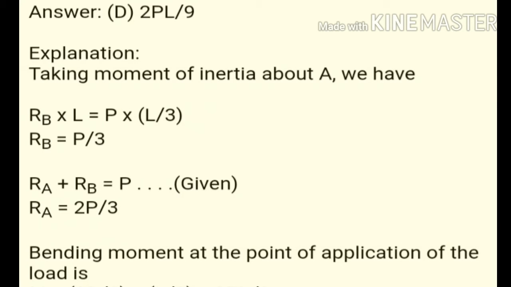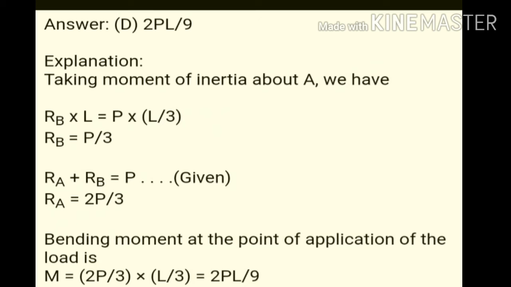So first we take the moment about the left end A. The reaction at the right end, RB, into the length of the beam L, that is the anticlockwise moment, must be equal to the clockwise moment. You are having only one single load at a distance of L by 3 from the left end, so that must be equal to the clockwise moment P into L by 3. So therefore RB is equal to P by 3.